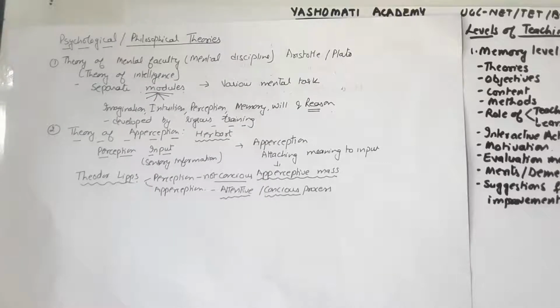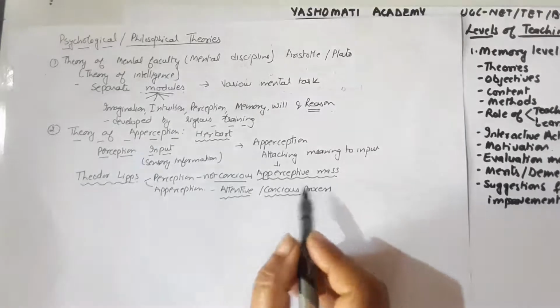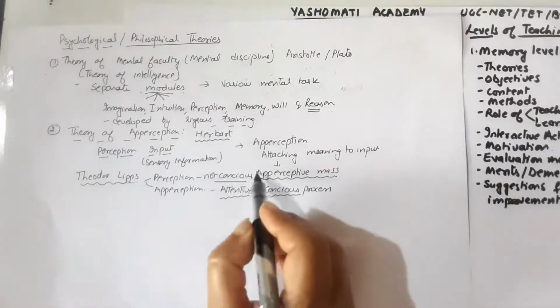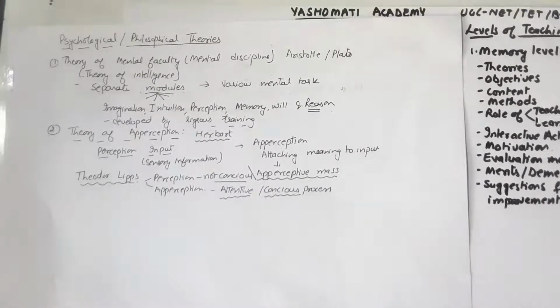Herbart says apperception is the process by which the aggregate mass of presentation becomes systematized by accretion of new elements. This means that whatever new information the learner is receiving, if he is receiving it with attention and making a conscious effort, then that new information will add to the apperceptive mass and keep on synthesizing new elements to it, and that is how his development takes place.